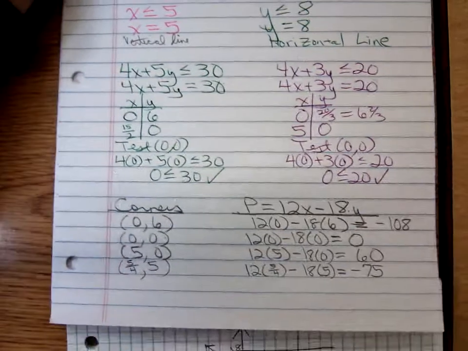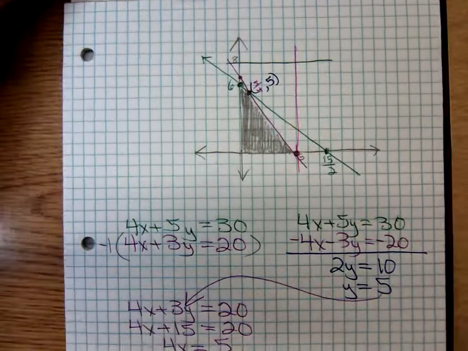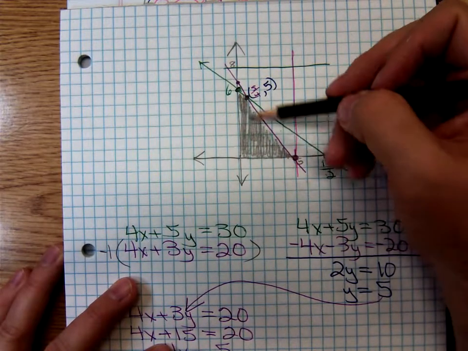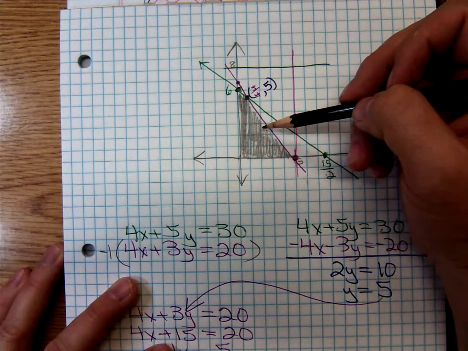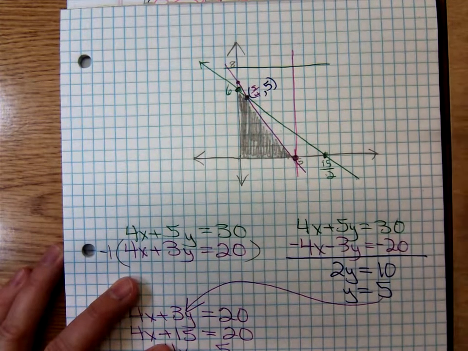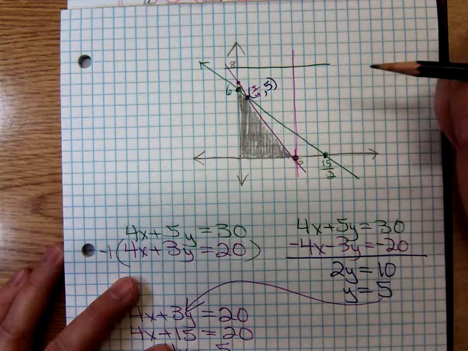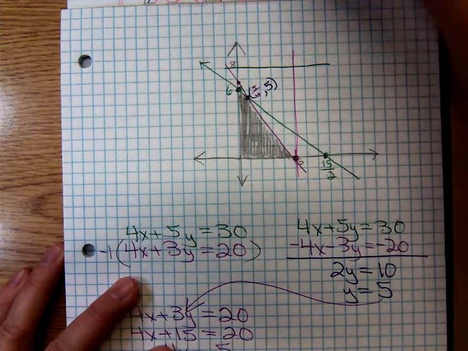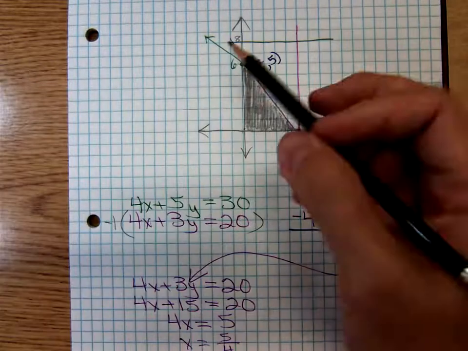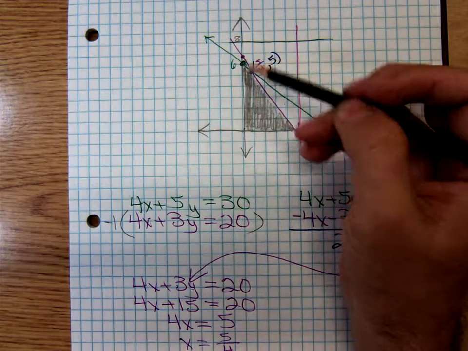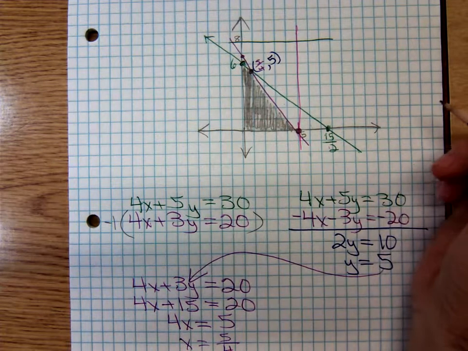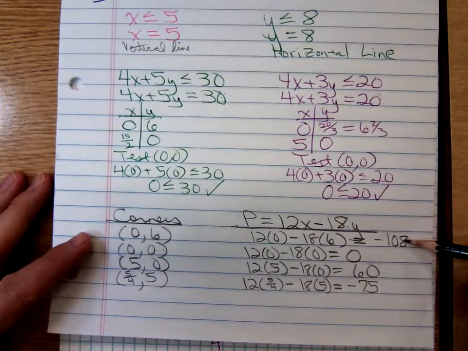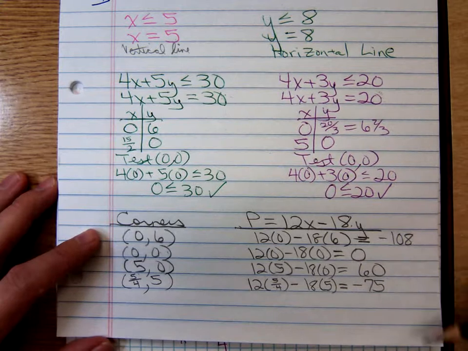When we look at our feasible region, we see that it's a closed bounded feasible region. For closed bounded feasible regions, both the maximum and a minimum value exist at a corner point. So the smallest of these p-values is the minimum, the largest is the maximum.